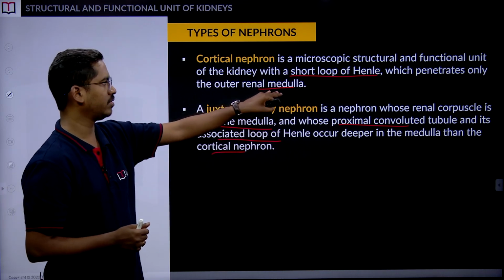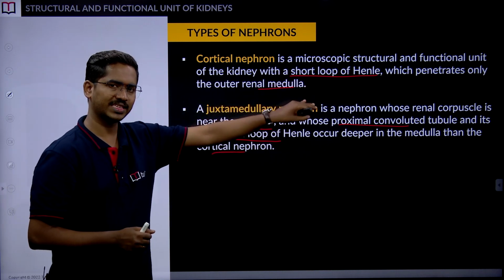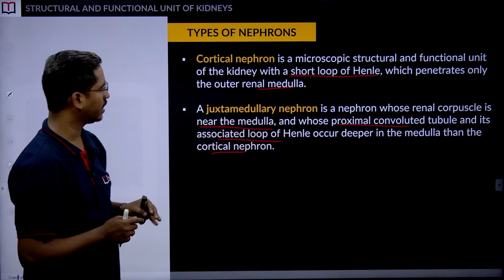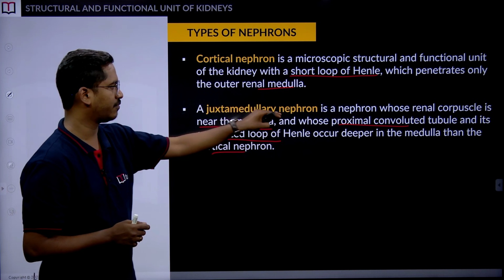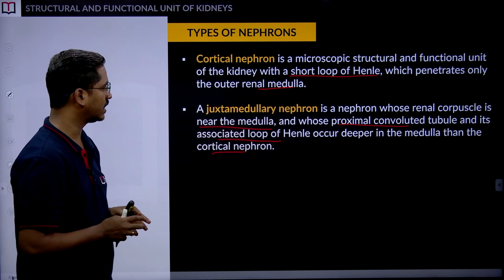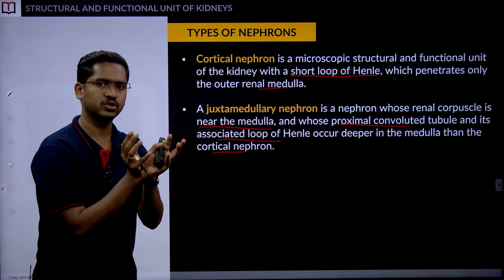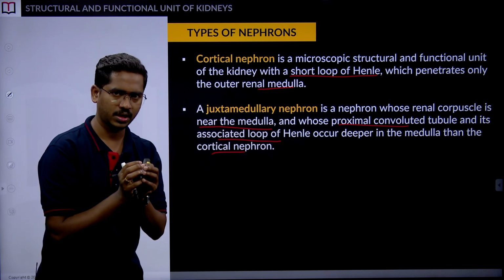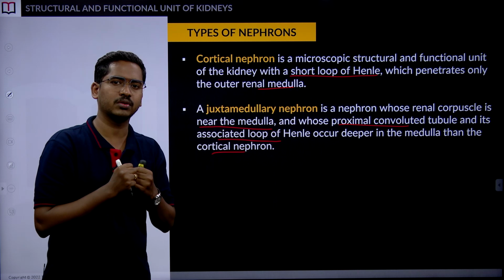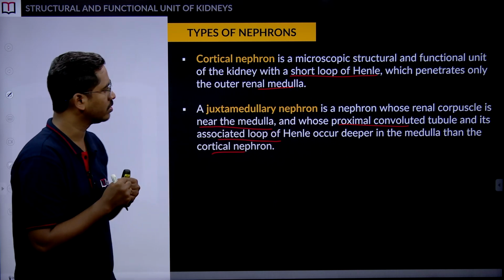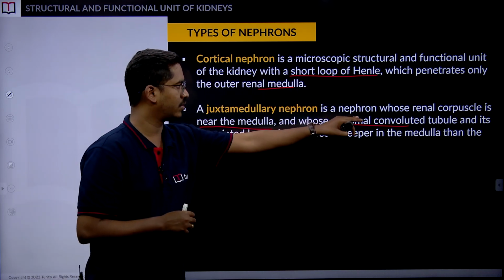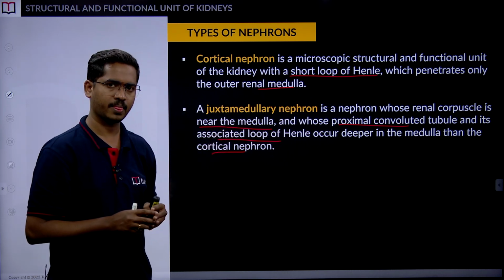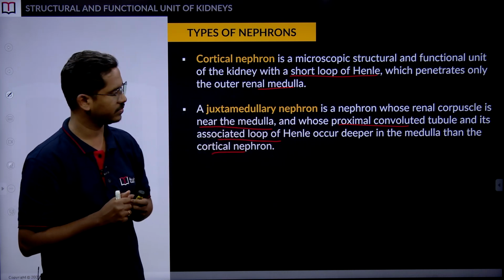So, in the cortical nephron the loop is very short and it is just going to the outer part of the medulla, whereas in the juxtamedullary nephron the renal corpuscle, that is the Malpighian corpuscle or the Bowman's capsule, where inside that arterioles were forming network, you will see that nephron would be present inside the medulla, that is inside the pyramid, okay.